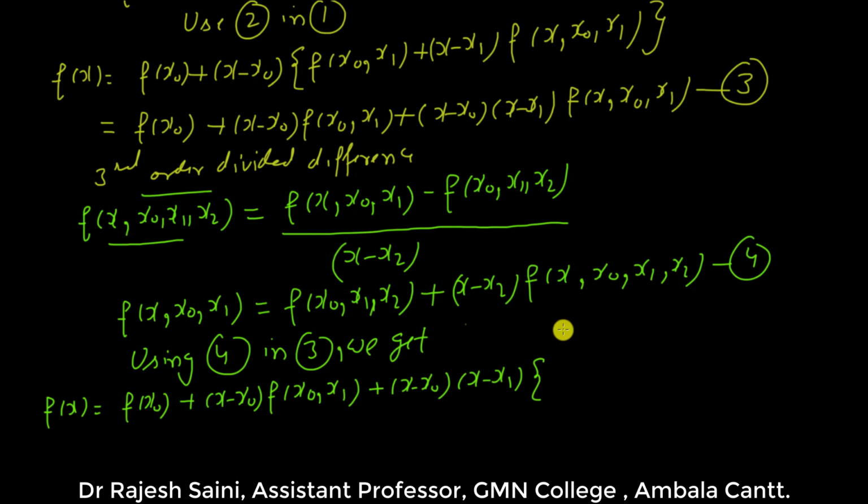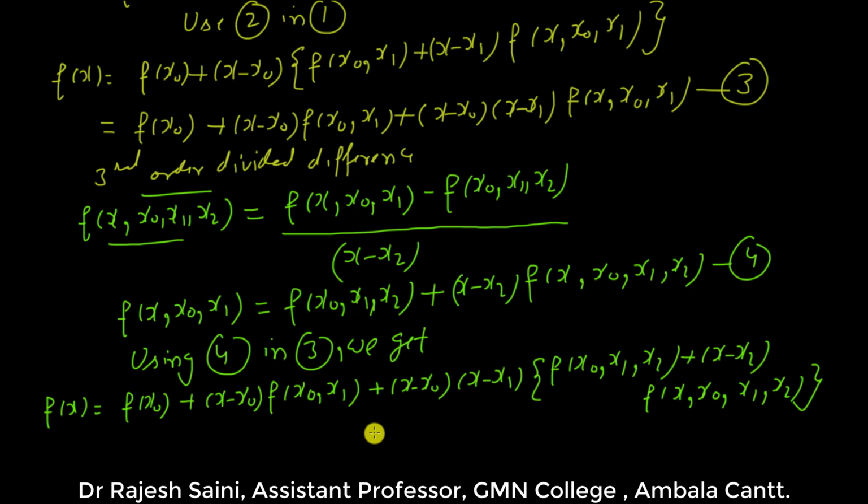In the curly braces you will write this expression: f of x naught, x1, x2 plus x minus x2 f of x, x naught, x1, x2.